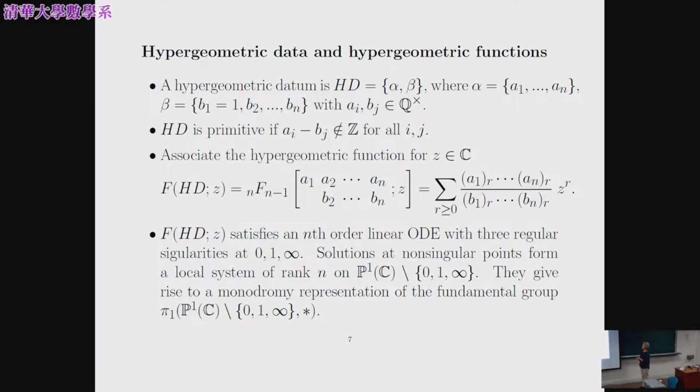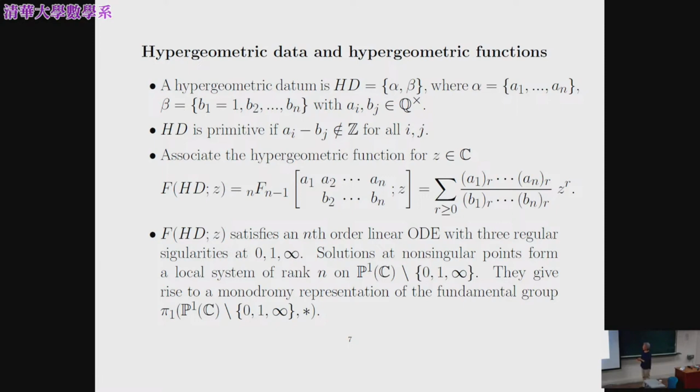We put them together and call that set a hypergeometric datum. It consists of 2 sets, each one has n elements. For the second set, the beta set, the first b1 we always assume is equal to 1, just like the 2F1 we have seen here. The missing 1 here is one that usually people don't write.